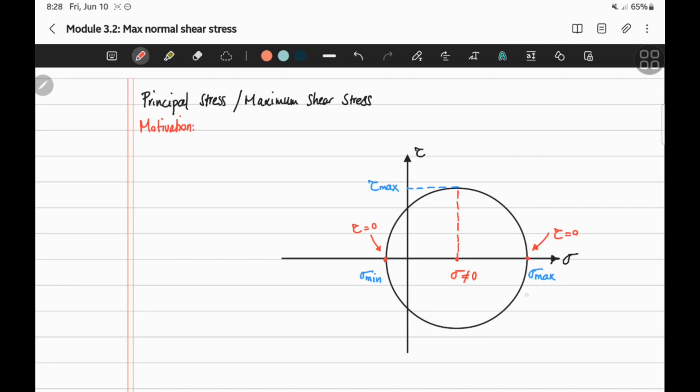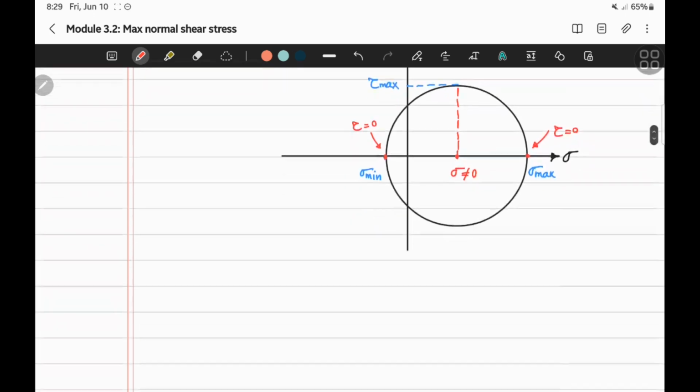And today we're going to learn about these things and derive the equation for the maximum shear stress, as well as finding sigma min and sigma max, and also the corresponding normal stress for the maximum shear stress, by solving an equation which is based on continuum mechanics, because Mohr circle actually was discovered way after these kind of equations were developed. All right, so let's get started.